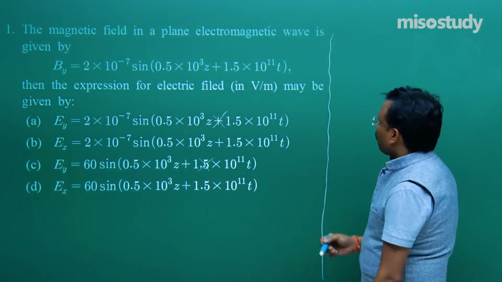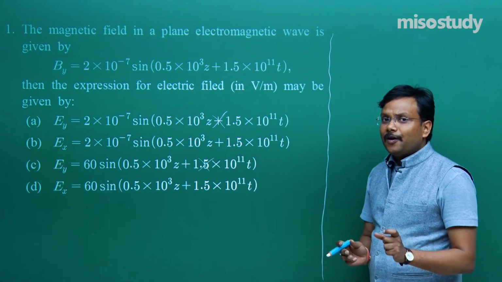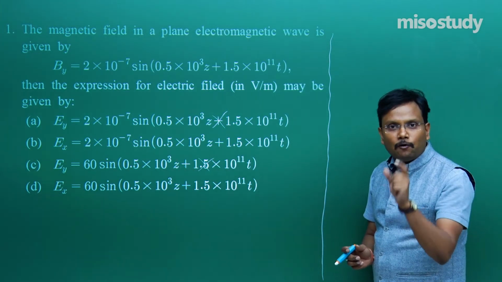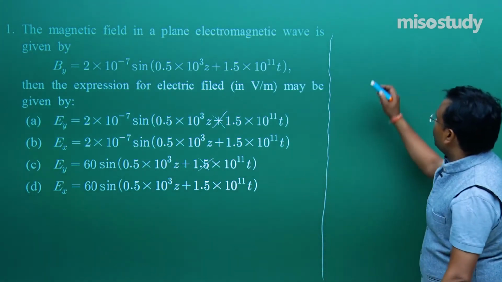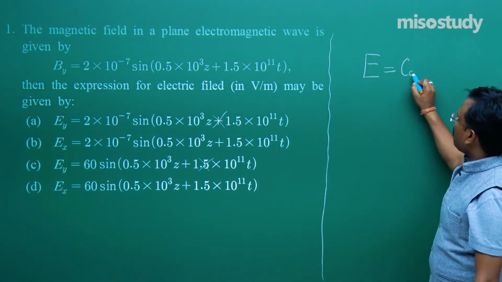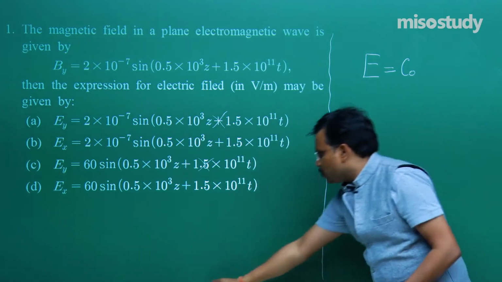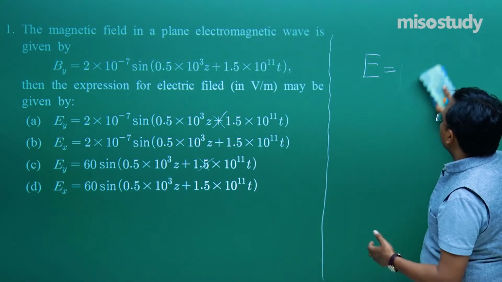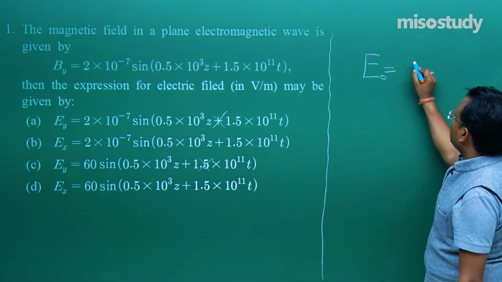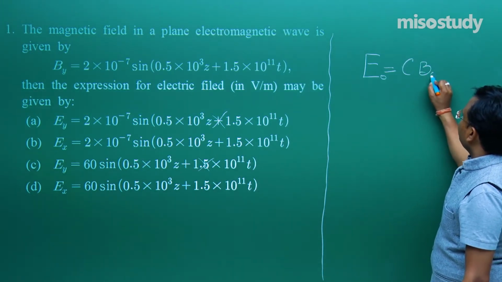What is the relation between electric field, magnetic field and the speed of the EM wave, that is the speed of light? The relation is E naught equals C B naught.